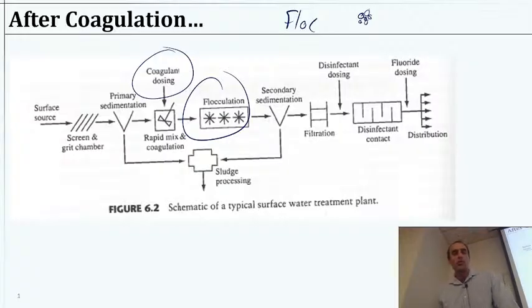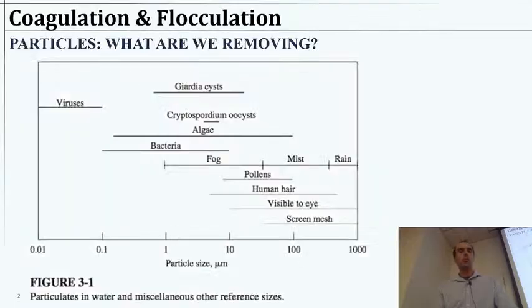All right, so coagulant dosing, this is just a quick process. You send it through, you inject some chemical or some salt. We'll talk about that. Rapidly mix it so it disperses, and then you give it time for particles to meet. That's our flocculation. Again, they both kind of mean the same thing. So we talked about sedimentation.